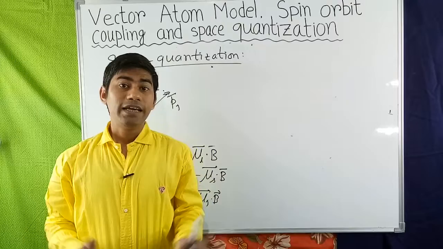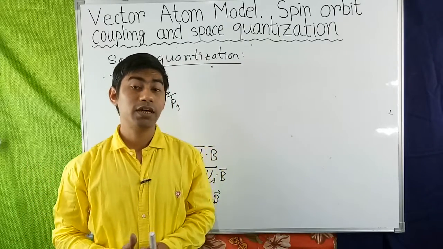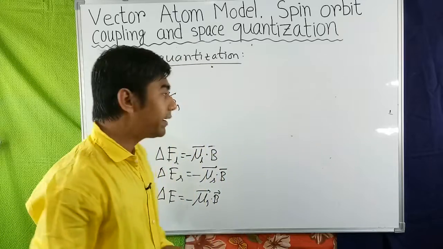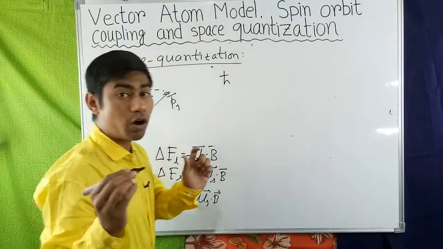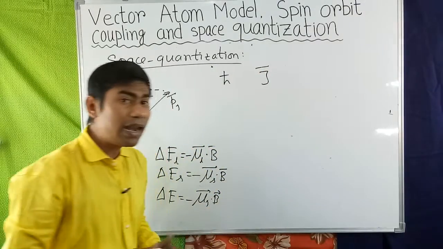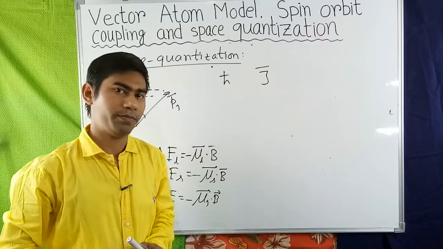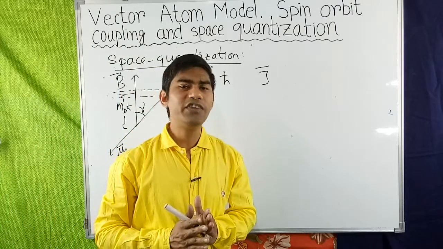Now, in an atom containing more than one electron, the total angular momentum, measured in units of h cut, is denoted by the J vector. This is the total angular momentum of the atom, and it is obtained in two different ways.